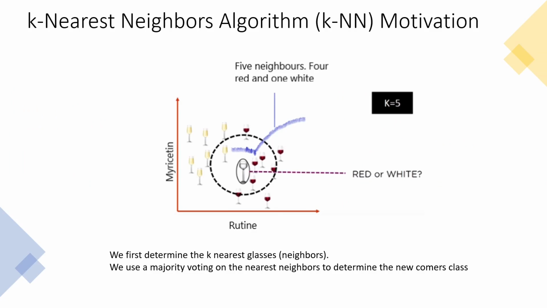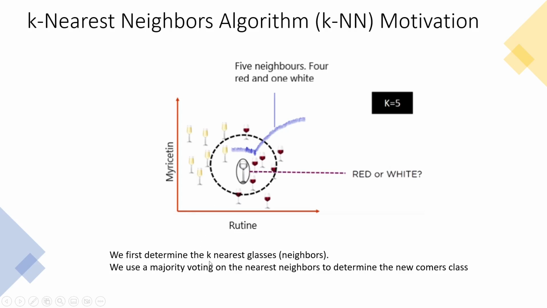For KNN, we first determine the k nearest neighbors. Geometrically, that means we select the first k elements that are closest to this newly coming wine. In this case, these four red wines and one white wine are the closest wines to the newcomer, and they are within a vicinity of this wine.